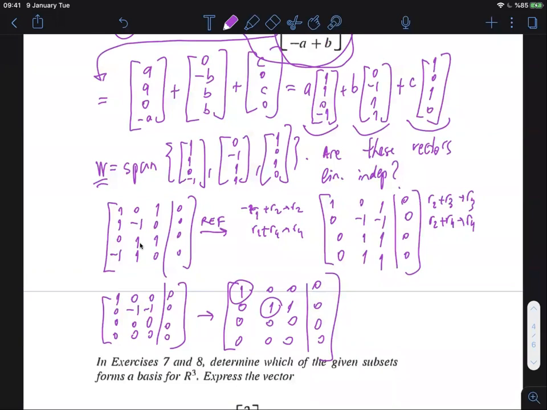So we only need 2 of these vectors. So v1 and v2 also span the same space, right? So let me write this way.